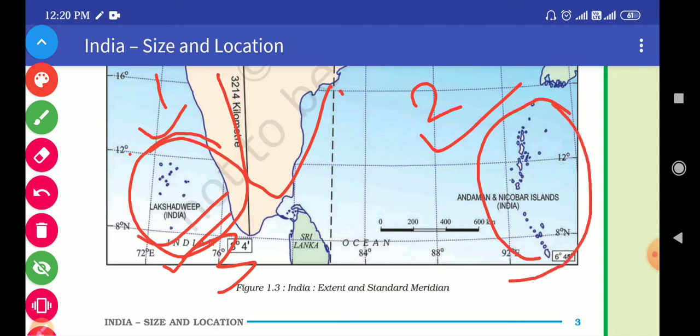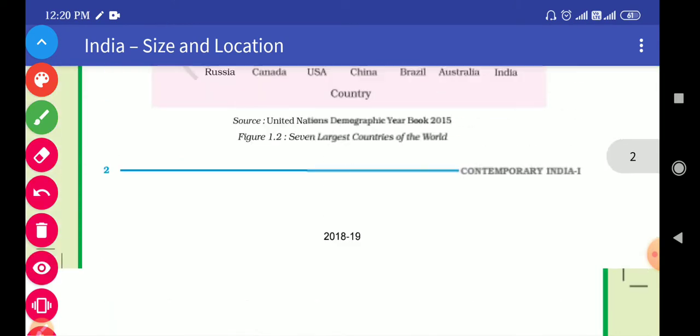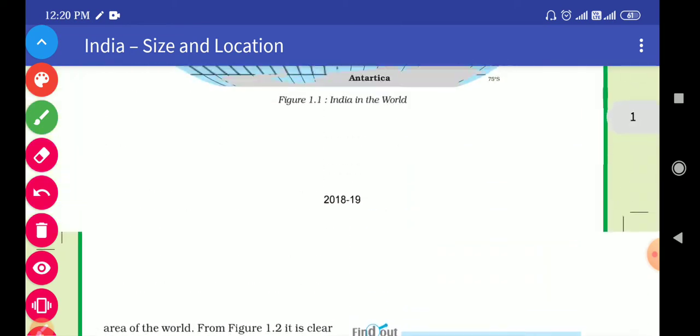This is called Lakshadweep Islands and this is called Andaman and Nicobar. Here island means land which is completely surrounded by water. These two groups of islands are also part of India. Now come to the next.